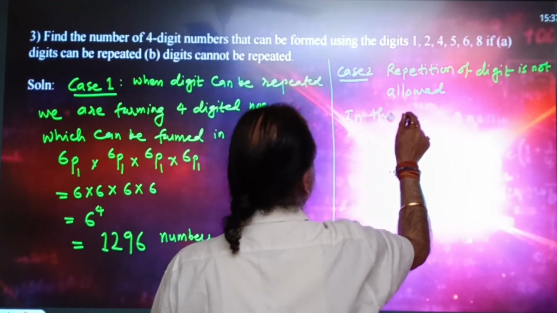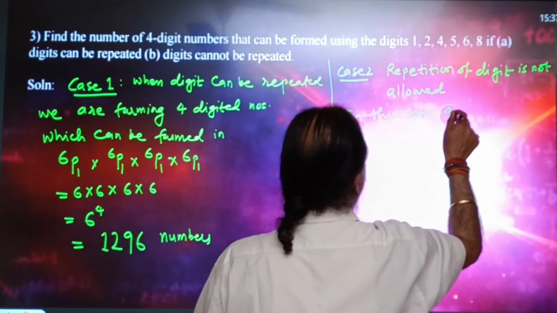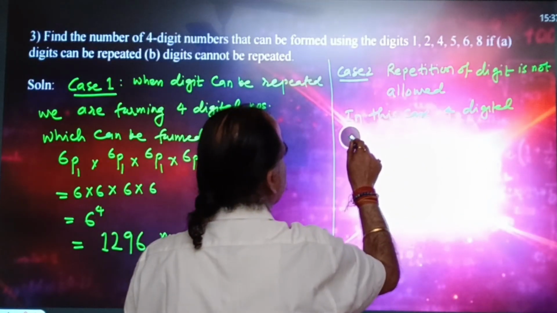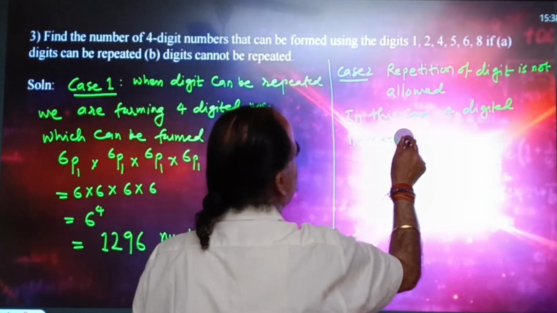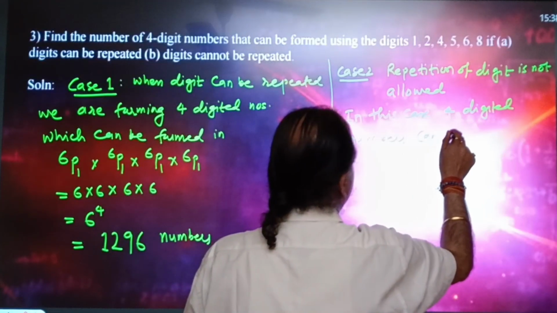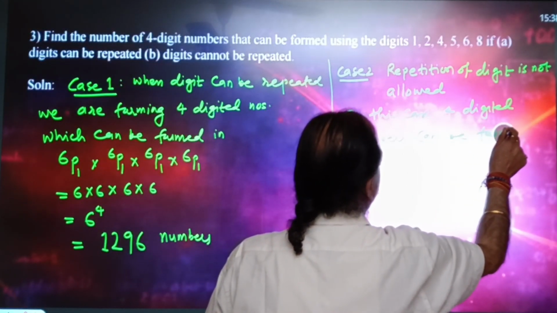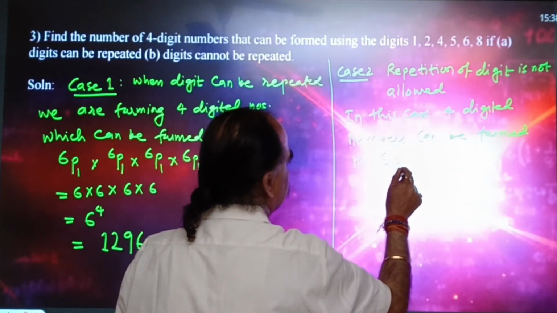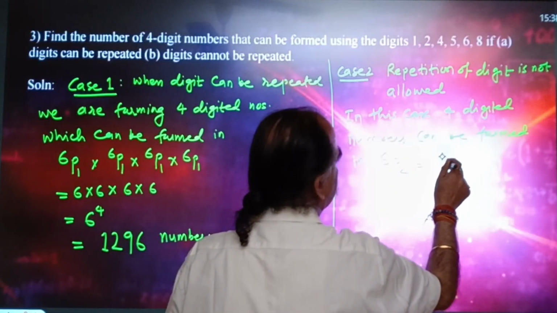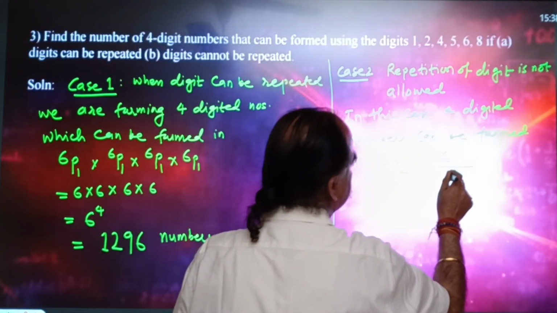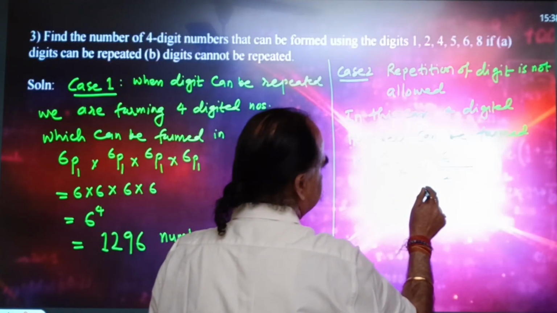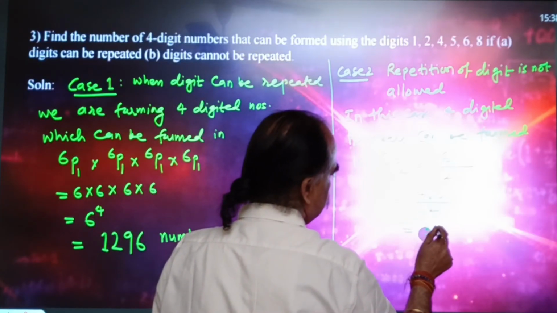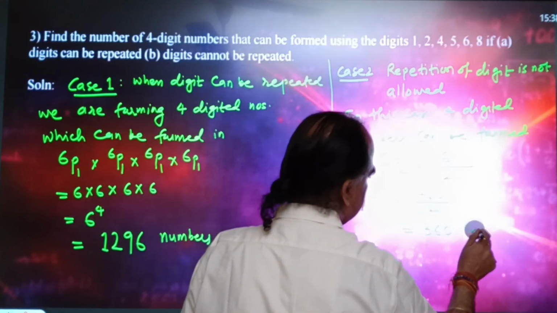In this case, 4-digit numbers can be formed in 6P4, which is 6 factorial upon 6 minus 4 factorial, that is 2 factorial. 6 factorial is 720 upon 2, which gives 360 numbers.